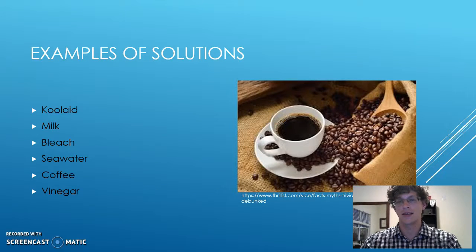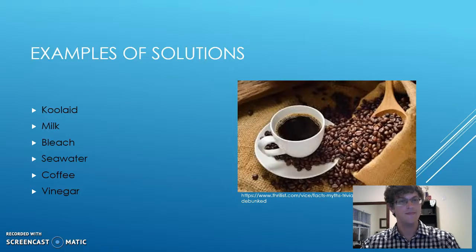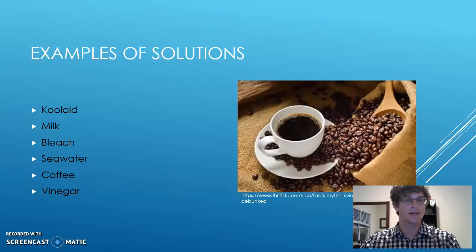Let's talk about some examples and identify what the solutes are and what the solvents are. Now we have Kool-Aid. The solute is the actual mix, the sugar and the dyes that get dissolved in the water. The water is the solvent in this case. Next we have milk.